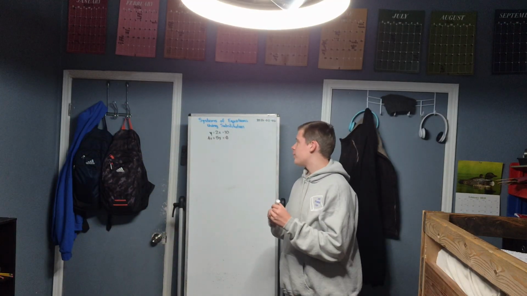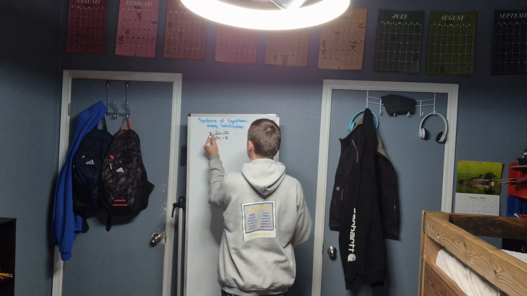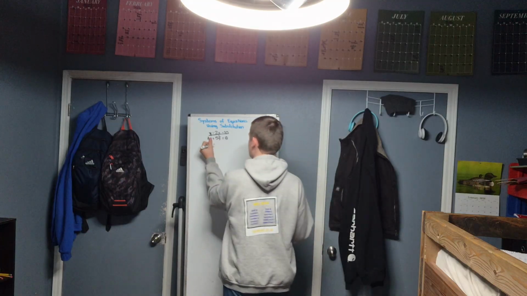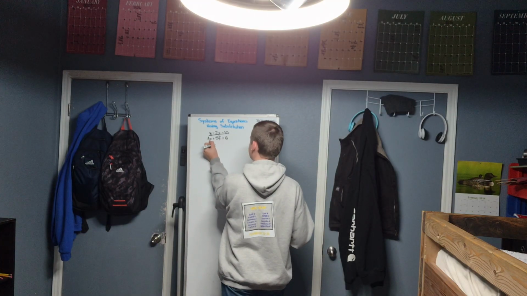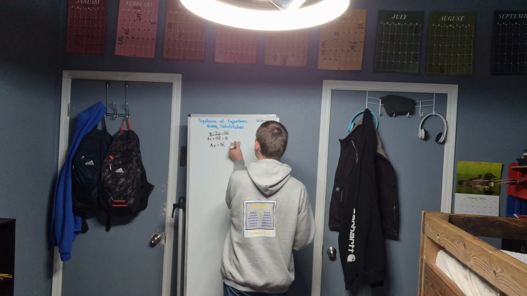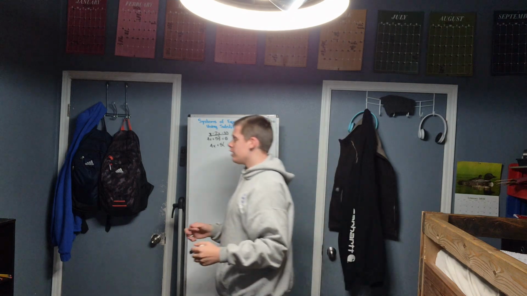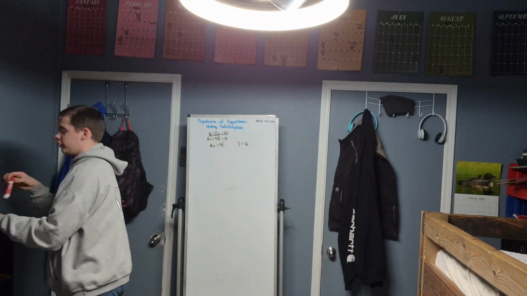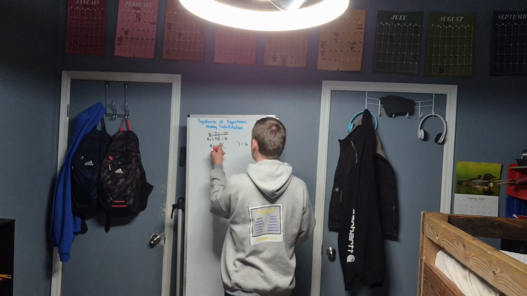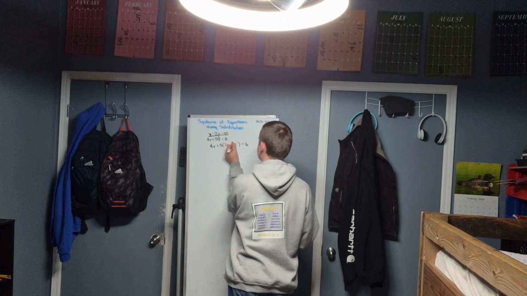Our first step is to substitute this equation as y. So, we're going to do 4x plus 5, and then something equals 6. I'm going to use the red because red is always my favorite color to put the y's in. So, y is 2x minus 10.